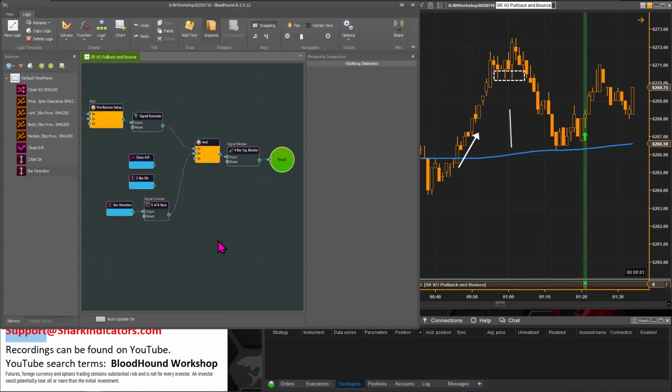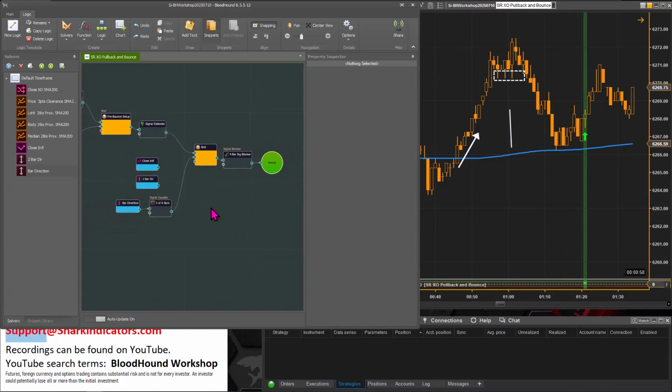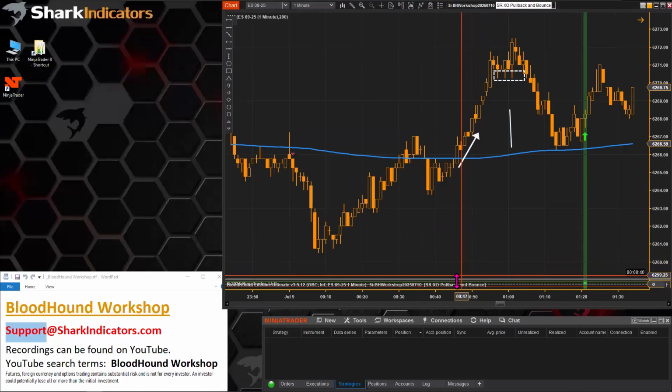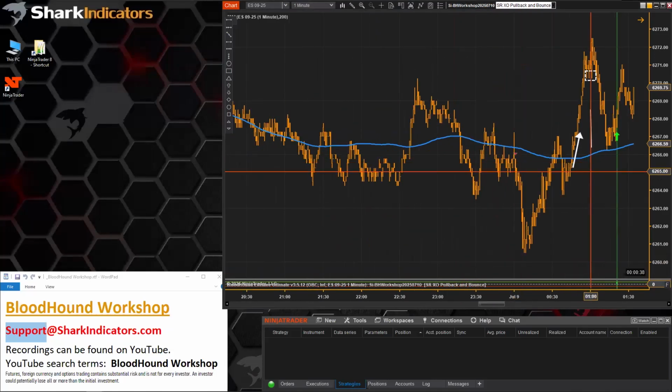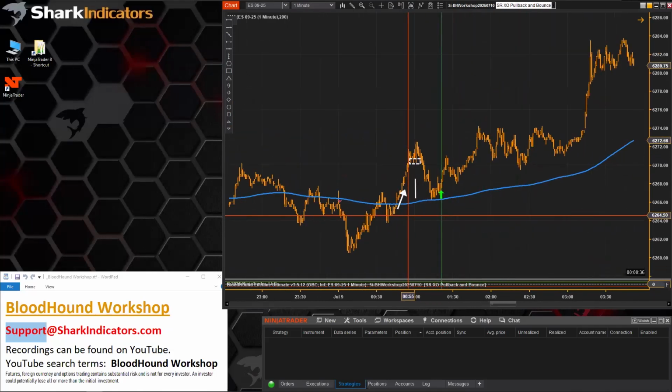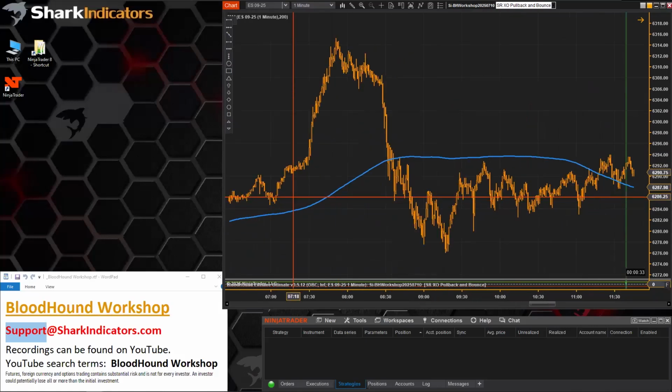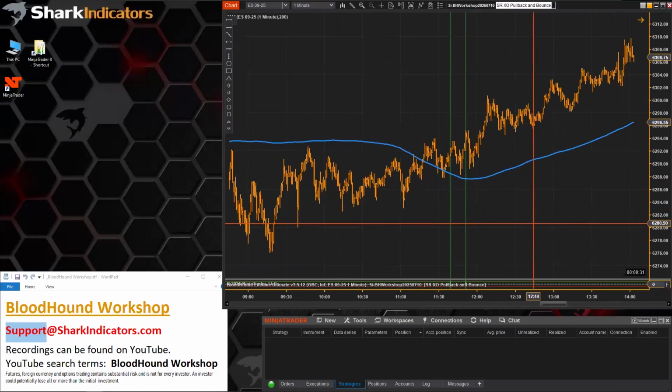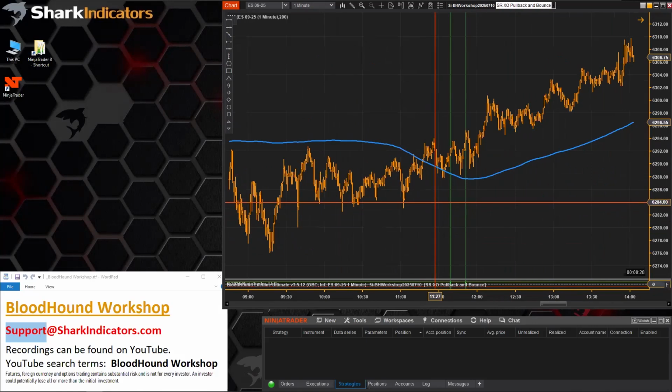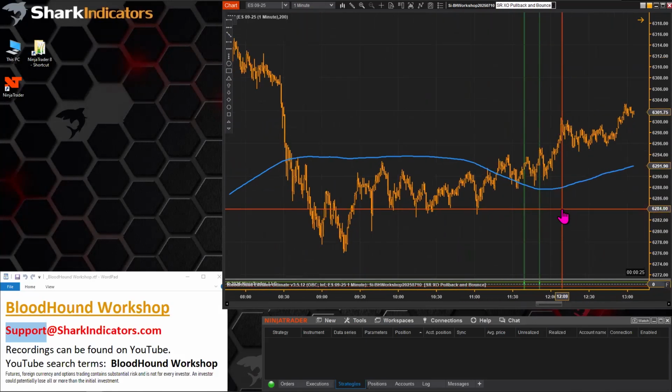So let's see here. All right, so next step, I'll stick with this more conservative approach and require the 5 bars, and let's scan through the chart. Now is the point where we need to scan through the chart and see if there are any signals here that we don't like or that we're missing.